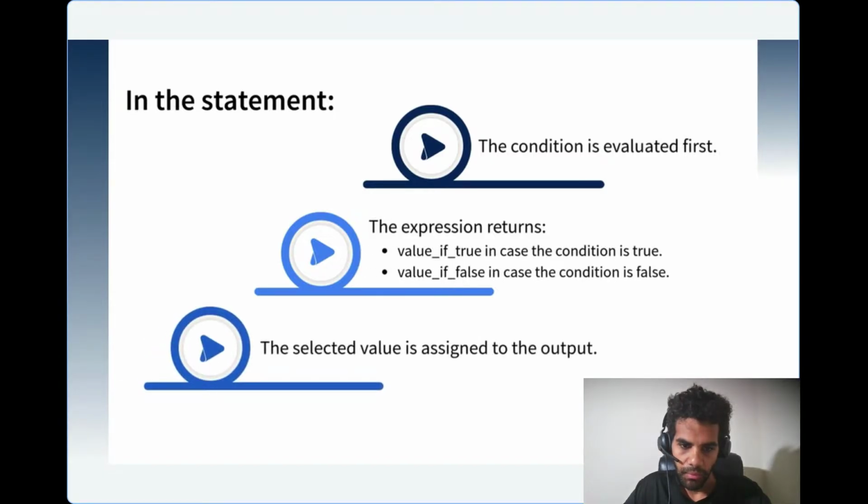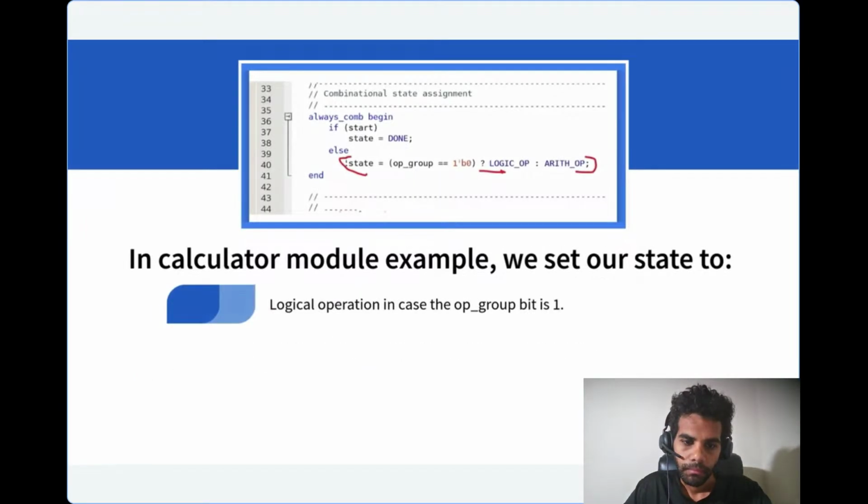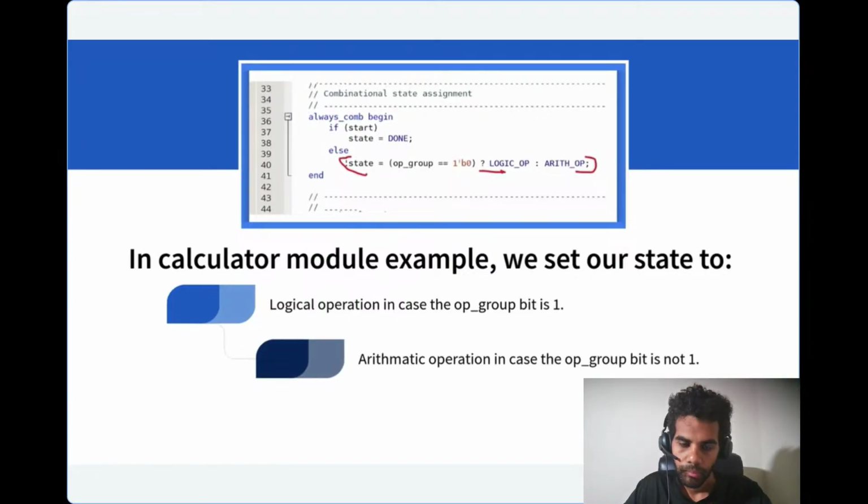So the selected value is then assigned to the output, making this a compact way to express simple decision-making logic in hardware. For example, in our calculator model, if the OP group bit is 1, we set our state to a logical operation. Otherwise, we set it to an arithmetic operation.